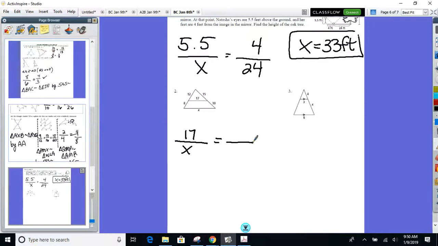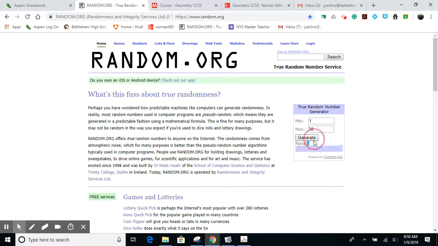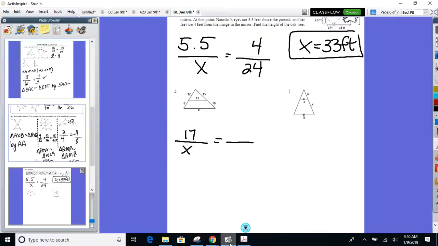All right, here we go. 23. Don't say anything. I just want to know a side of a triangle in the smaller one. 15. All right, everyone ready here? What is that missing number we're going to put down here? What side corresponds with 15? And the answer is not 10. 10 is not a full side. 15, take a look, corresponds with this full side, which is how long? 25.